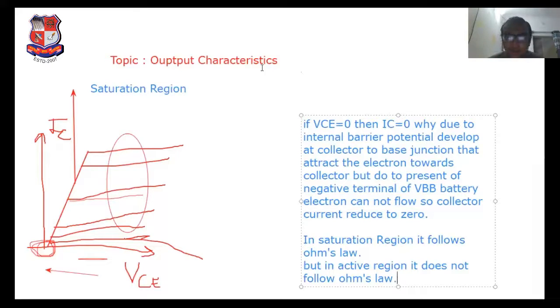The active region satisfies the equation IC equal to beta IB plus leakage current.